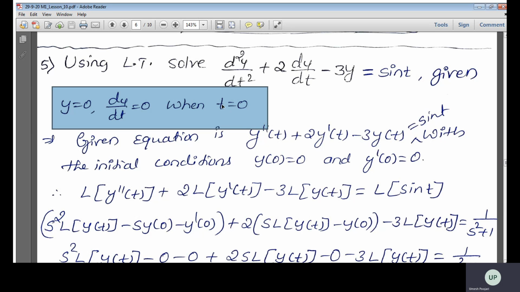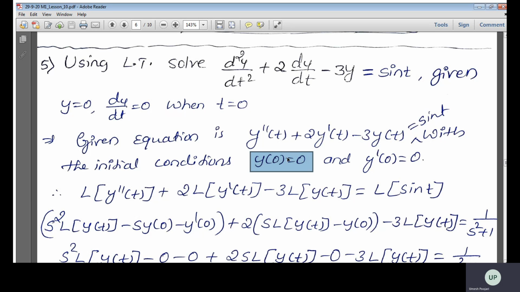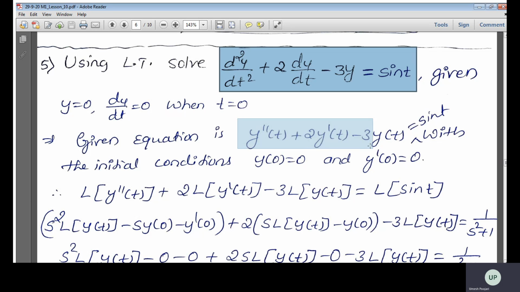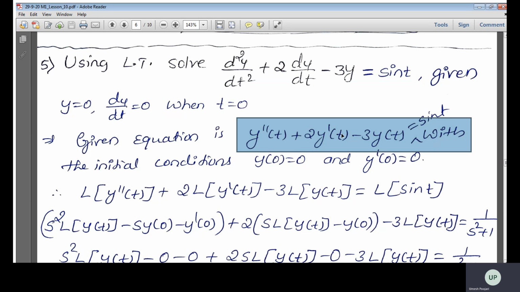It means y of 0 is 0, and dy by dt is nothing but y dash of 0 equal to 0. So now we shall write the given differential equation in the standard form as y double dash of t plus 2y dash of t minus 3y of t equal to sine t, with the initial conditions y of 0 equal to 0 and y dash of 0 equal to 0.